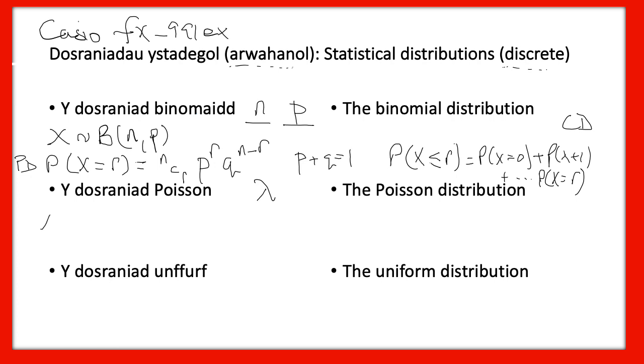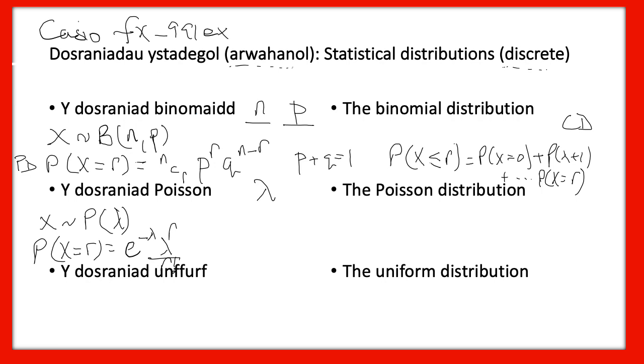So with the Poisson distribution, the only thing we need to know is the parameter. But the probability that a Poisson distribution takes some particular value is e to the minus lambda, where e is Euler's constant 2.718 squiggly bits, lambda to the r over r factorial.